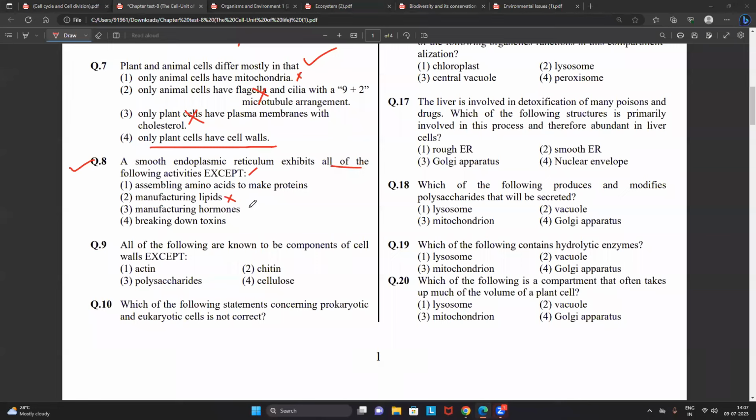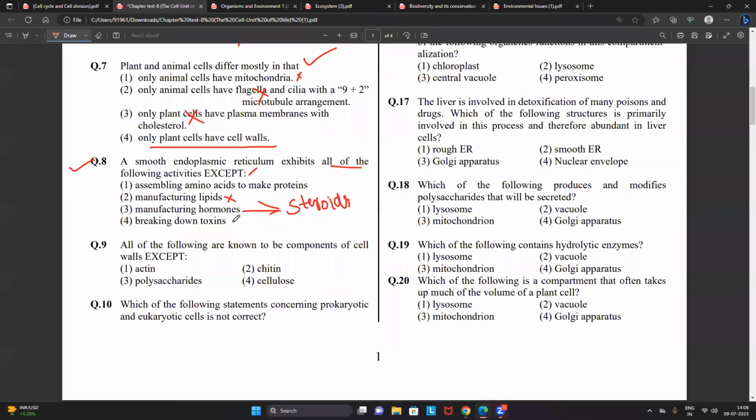Instead of giving the word manufacturing hormone, they will always say that the smooth endoplasmic reticulum is involved in the manufacturing of steroids. That is also a correct statement. Even if they give hormones or steroids, that is true. Manufacturing of lipids, of course, it will do it.